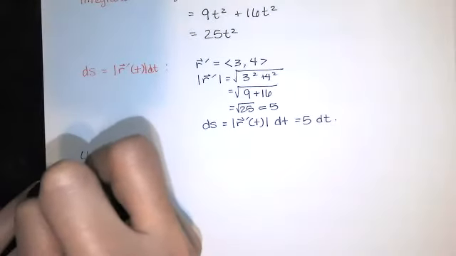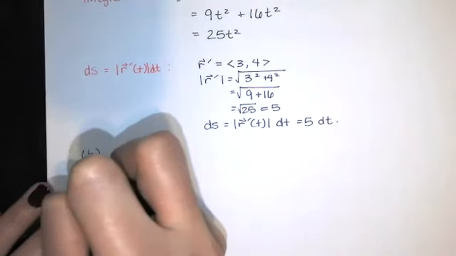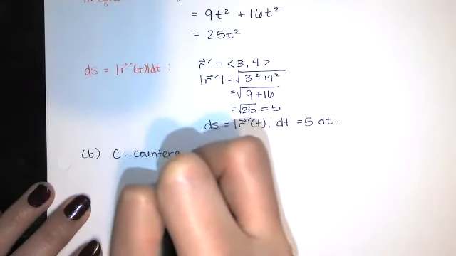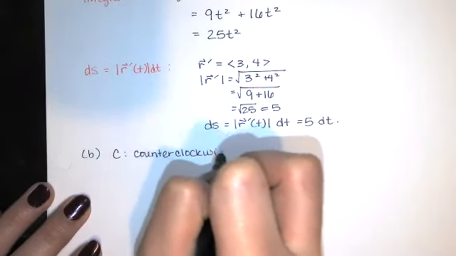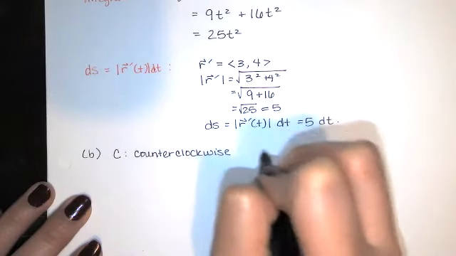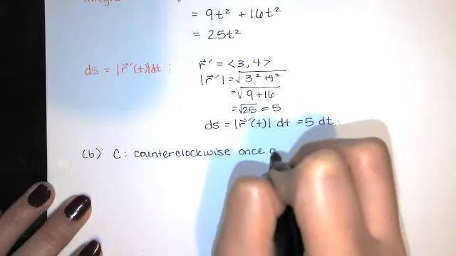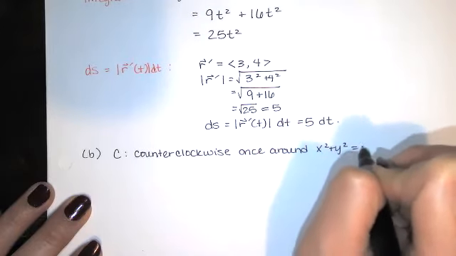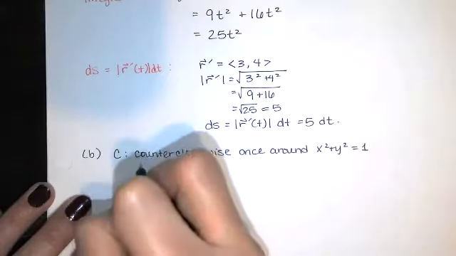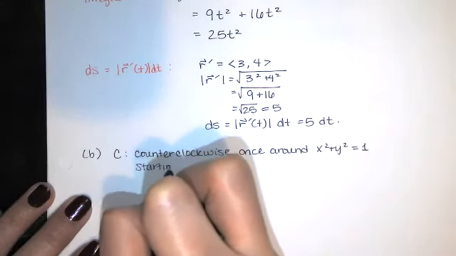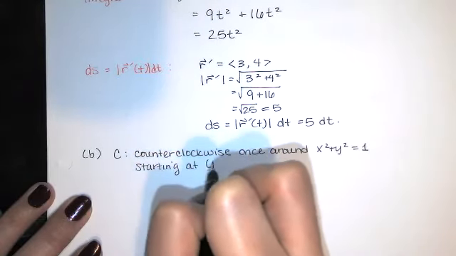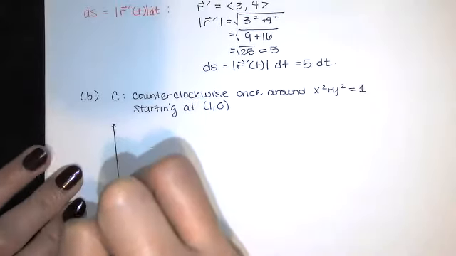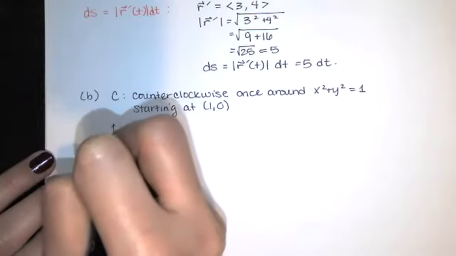Now, part B is very similar. But now we're going counterclockwise around the unit circle. So now we need the parameterization of this path.